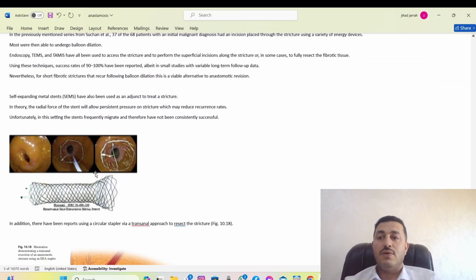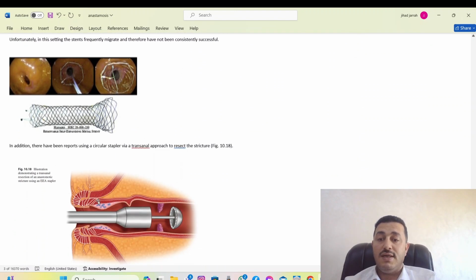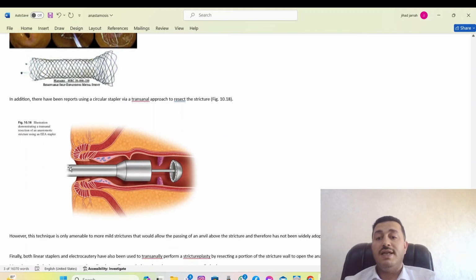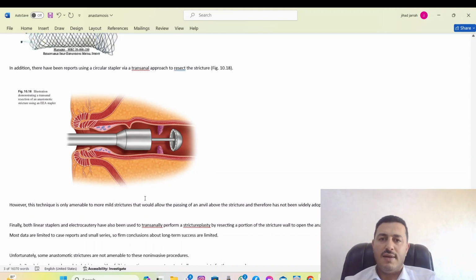We can proceed with a self-expanding metallic stent, as you see here. Also, another modality for stricture is to use a circular stapler to remove the stricture site and to resect the stricture.